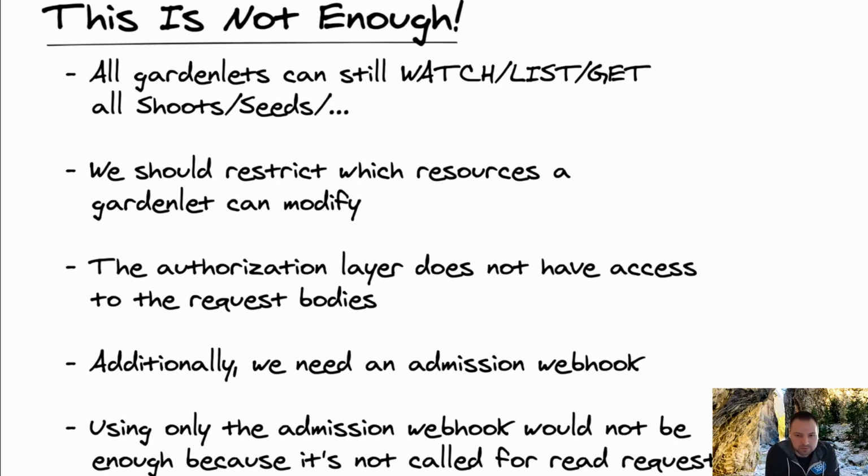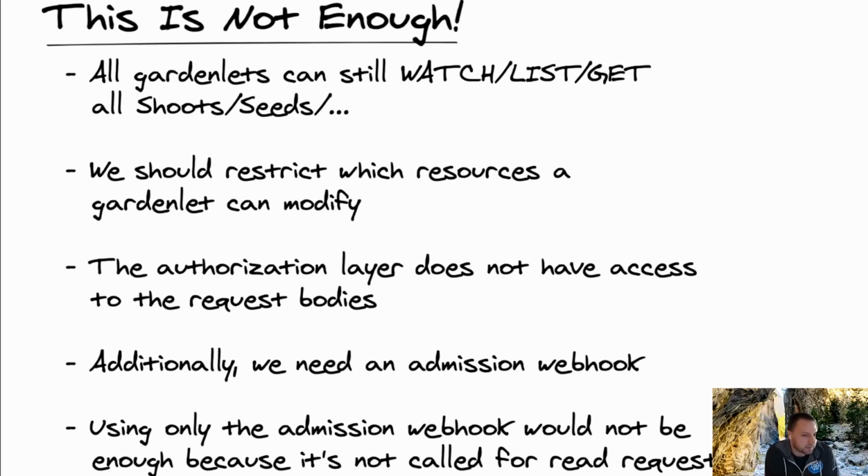But for now, this is how it is. So we cannot prevent that the resources where the gardenlet has a controller for, so shoots obviously, seeds, and some other resources, would still be all visible. So this we cannot restrict at the moment.